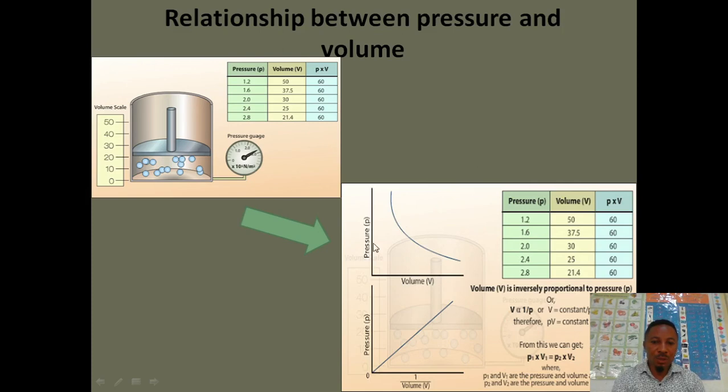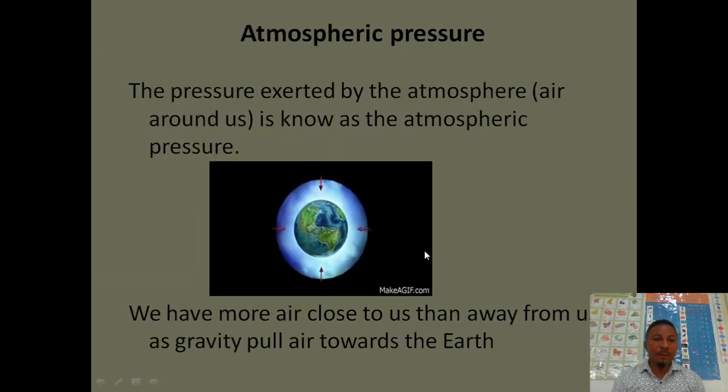But if you want to obtain a straight line graph, all you need to do is to plot pressure against 1 over V. Anyway, this is for another time, for practical class, but I want you guys to have a clue of what the relationship is like and how the graph will look.